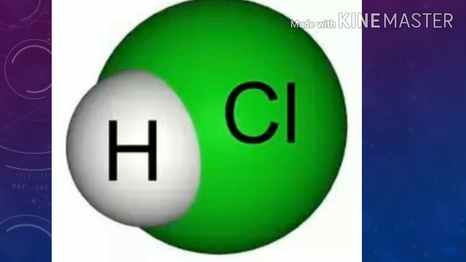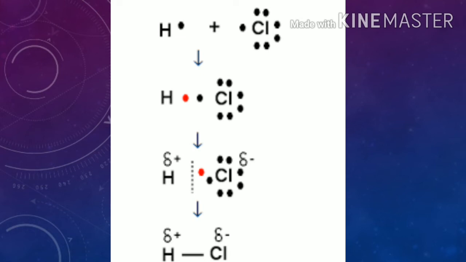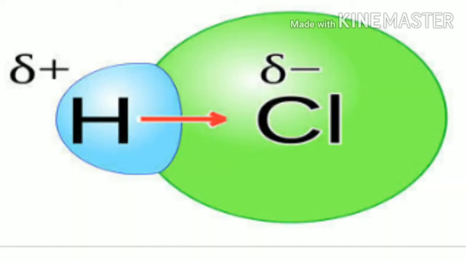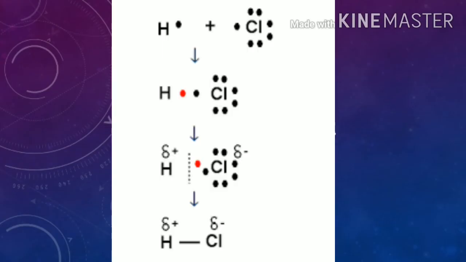Here chlorine is the more electronegative atom. One pair of electrons is shared between hydrogen and chlorine. We know electronegativity is the ability to attract electrons. Since chlorine is more electronegative, it has a tendency to attract the electron pair more towards itself. As a result, it gets a partial negative charge and hydrogen gets a partial positive charge.